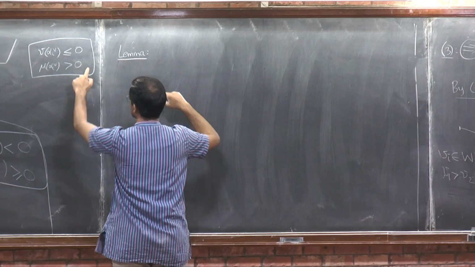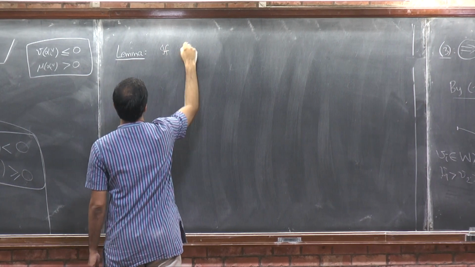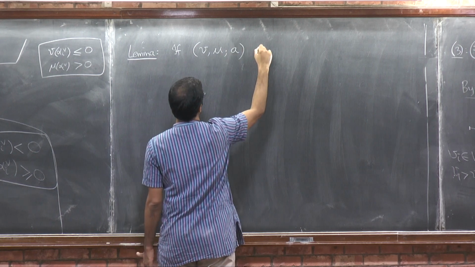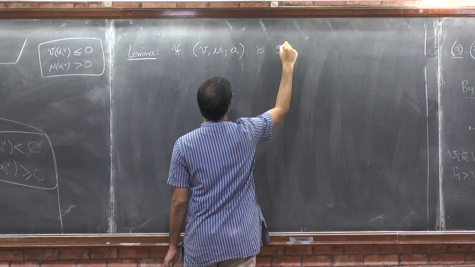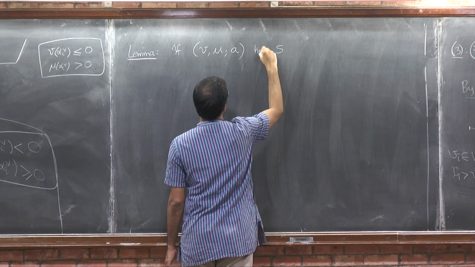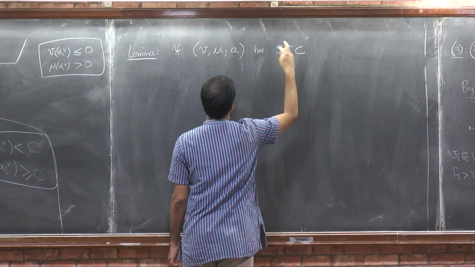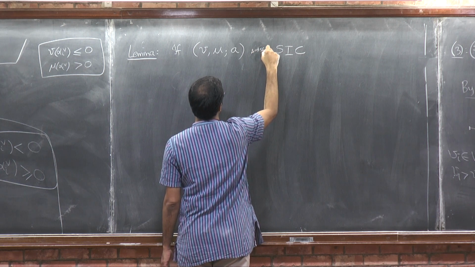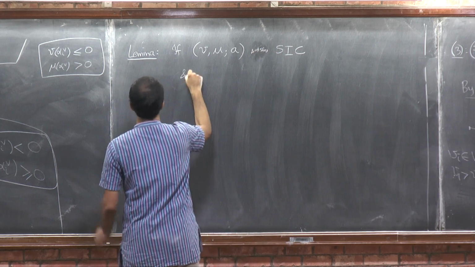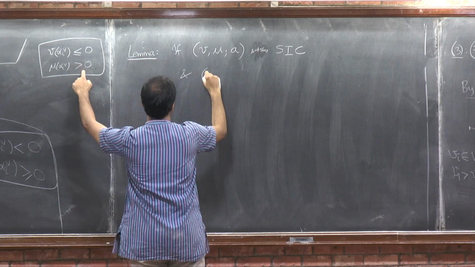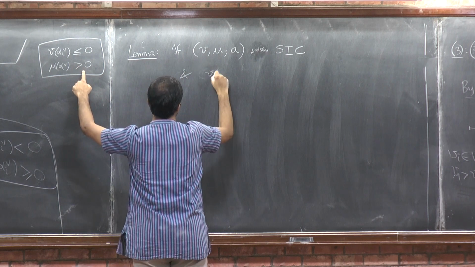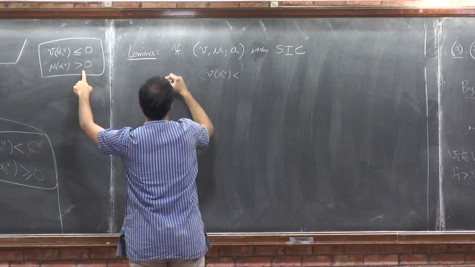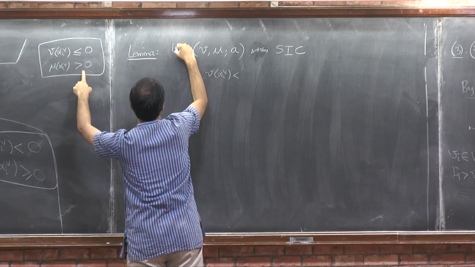It says, if I have mu that satisfies the strong integrality condition, and if say nu of alpha hx, let this be true.